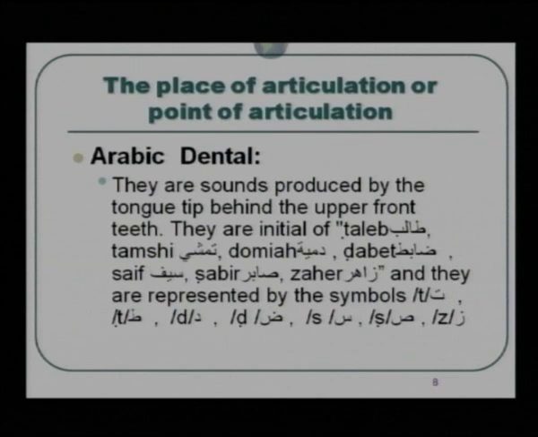These are dental in Arabic. Okay? But their equivalents in English, except the ض, ص, ط, they are alveolar in English. Okay? So we see our students just transfer the Arabic system into English.